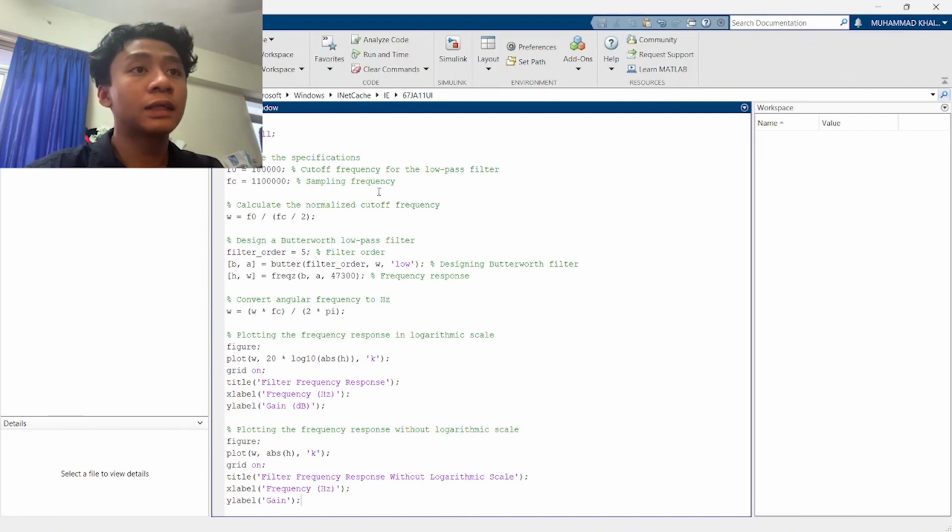For the calculation of the normalized cut-off frequency, I will use W, the normalized cut-off frequency, calculated as F0 divided by Fc over 2.